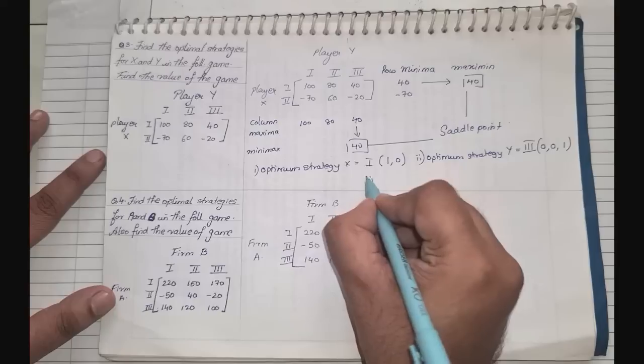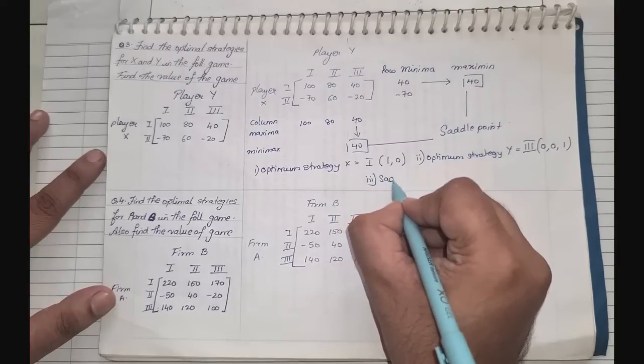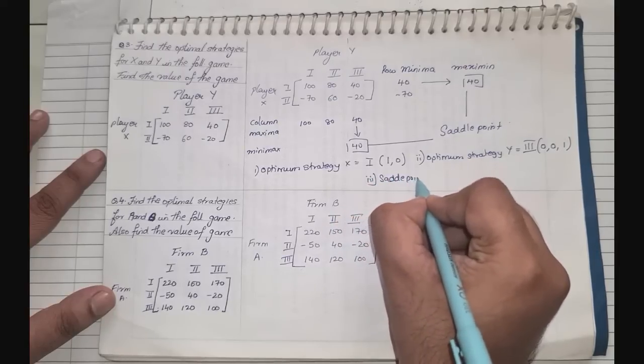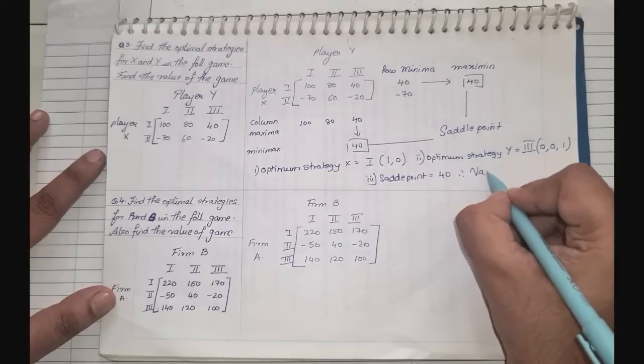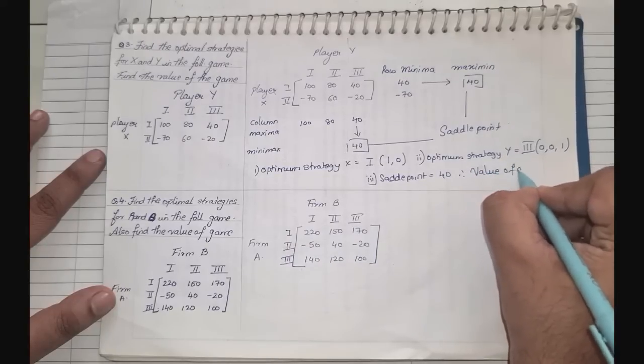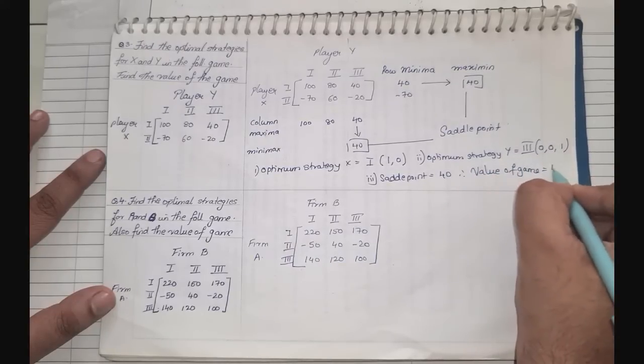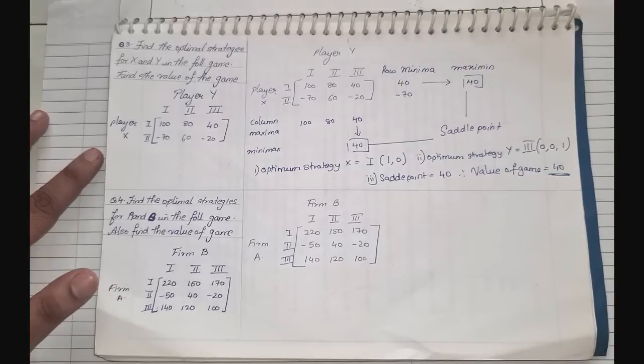Okay, and the third, the saddle point was 40, therefore the value of game is equal to 40.